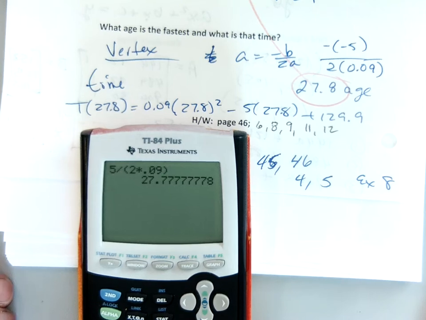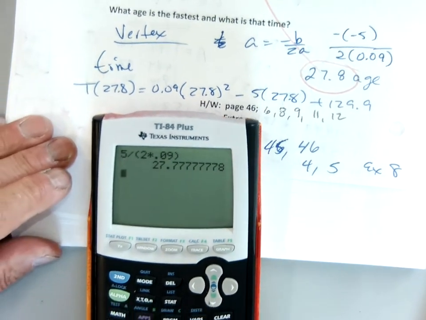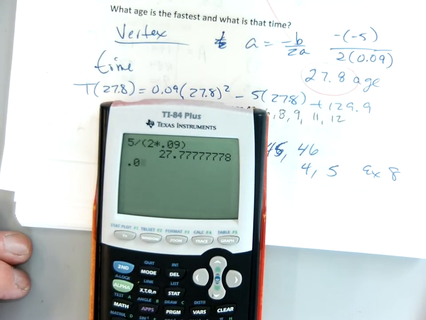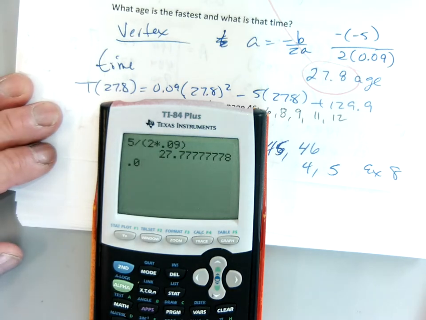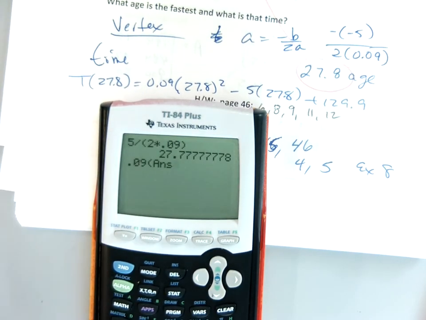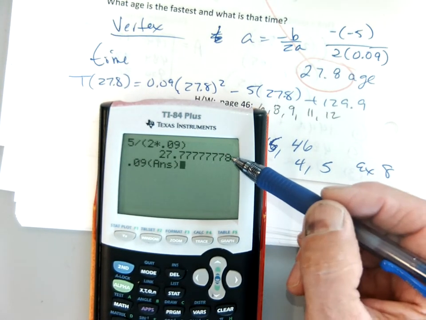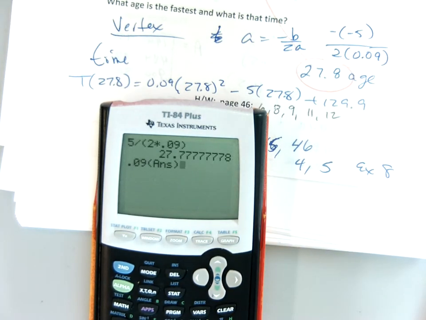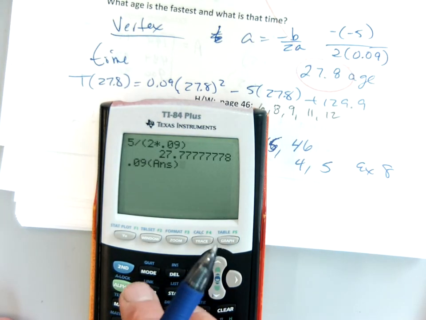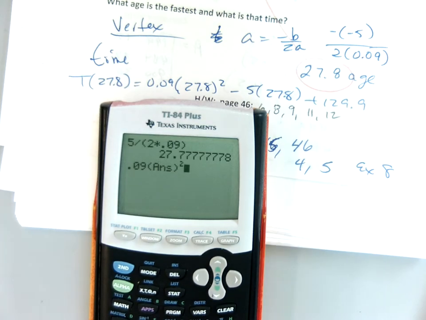You want to see a cool button? It's called the answer button. 0.09 parentheses answer. I love that button. What does answer mean? It's the very last answer you had. The answer button's down by the negative in blue. Squared. It means I just don't have to type it again. That's what I like about this button.